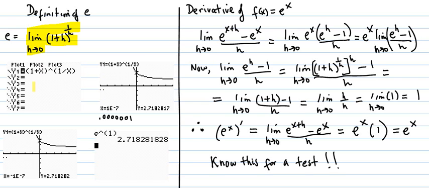So to get a handle on it, we graph it, 1 plus x to the 1 over x. In the normal way, we would go for a numerical method to find a limit.